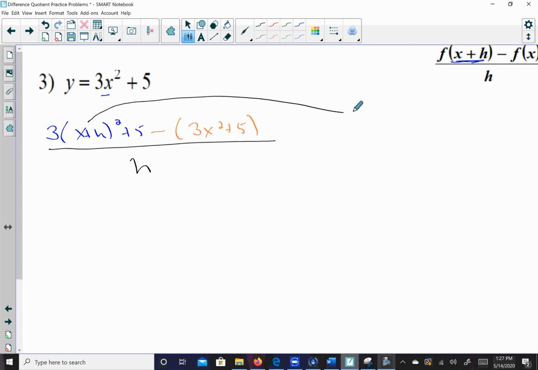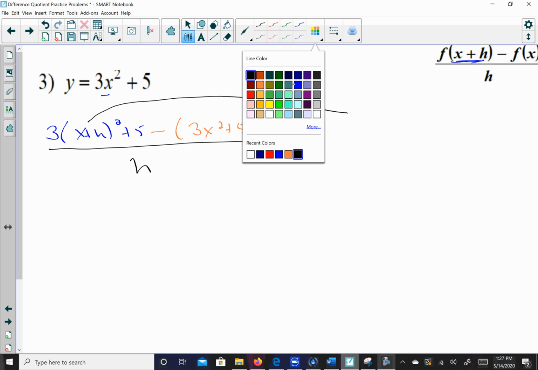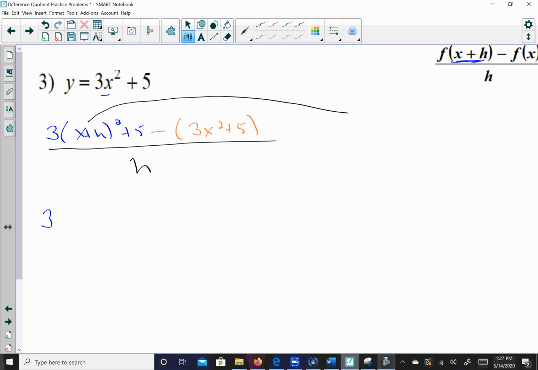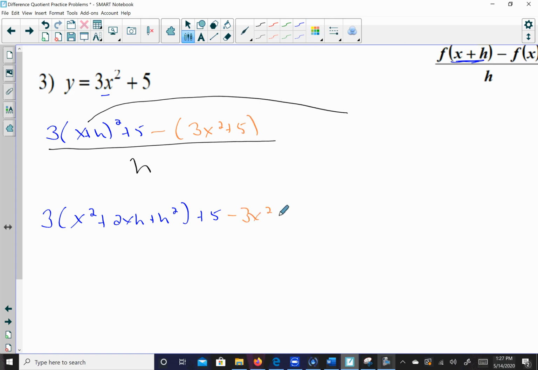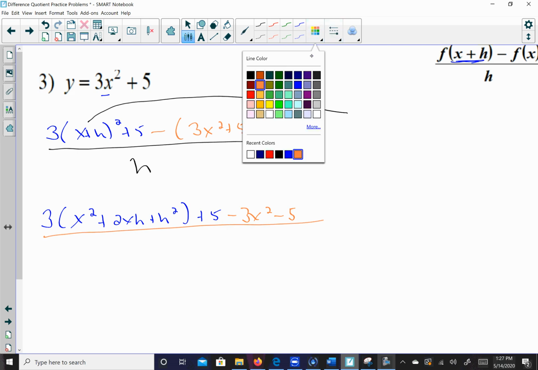Well, remember from last time. Well, we should remember it. This will be x squared plus 2xh plus h squared plus 5, and then distributing the negative sign, minus 3x squared minus 5, and this whole thing is over h.